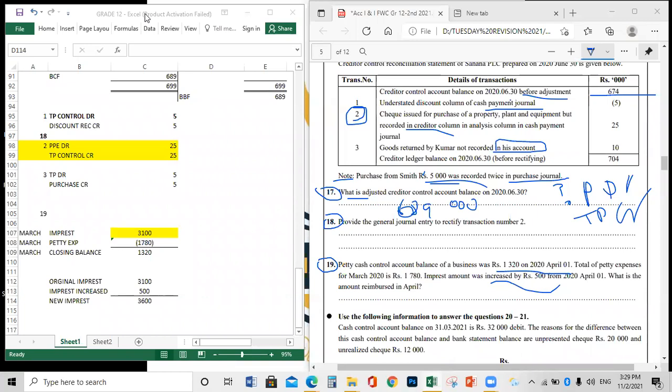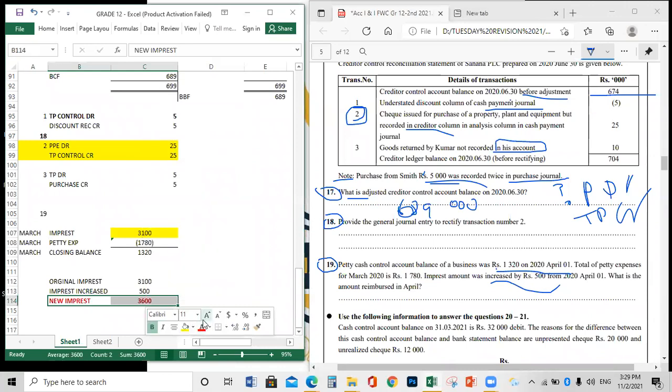At the starting date, guys, they have 1,320. That's what they told. At the starting date, they have 1,320. Our new interest is 3,600.